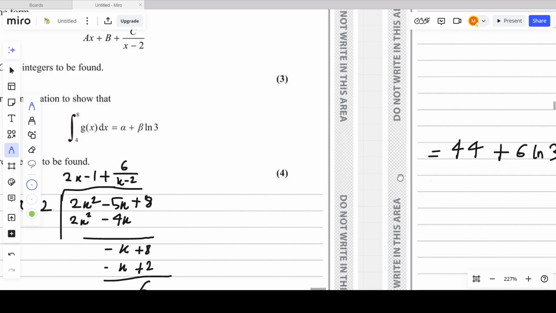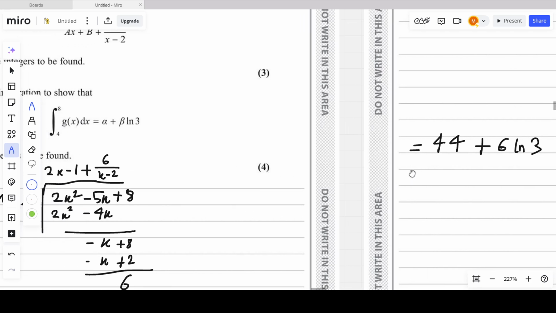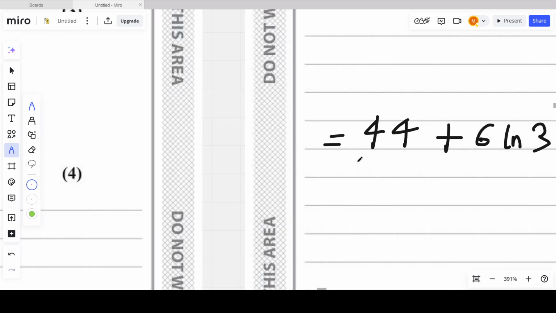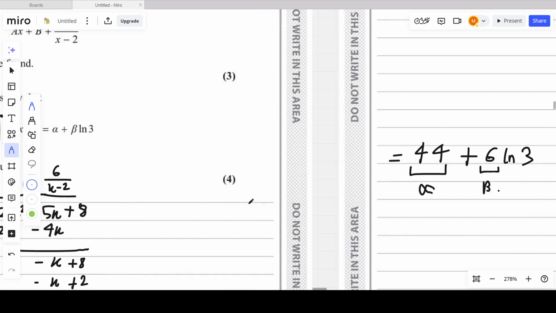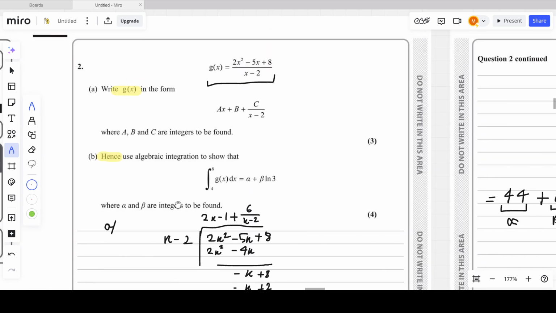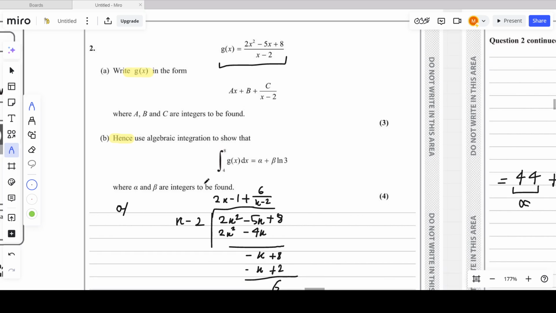The format they wanted, exactly what they wanted, we got the answer. This is the value for alpha, and this is the value for beta. So that's the answer for part B, and that's the end of question number 2 of the May 2024 P3 paper.